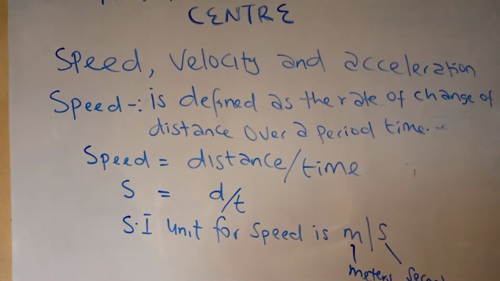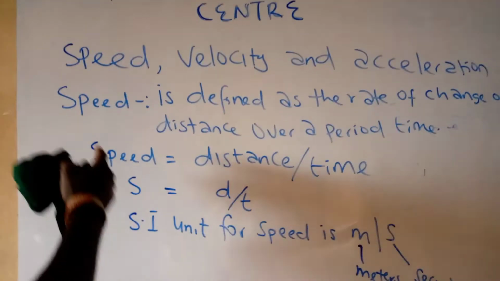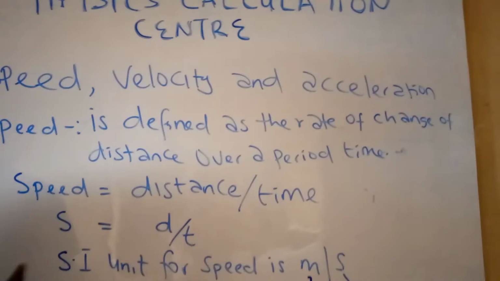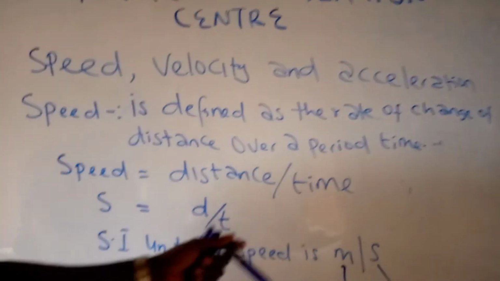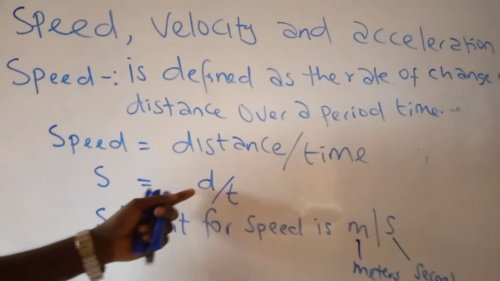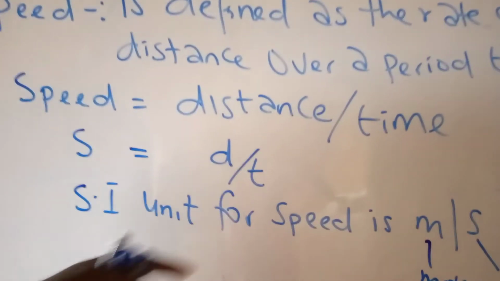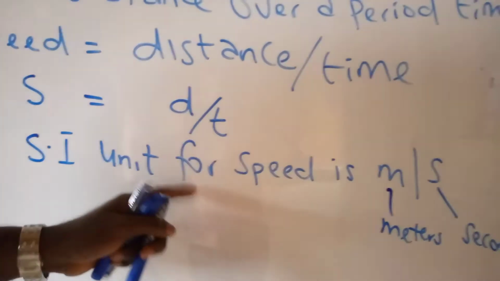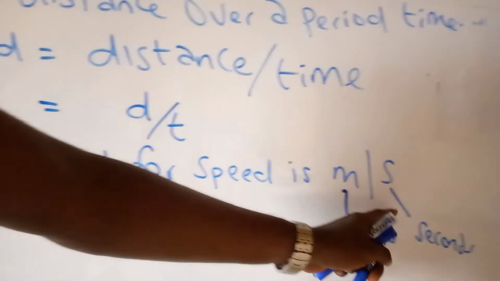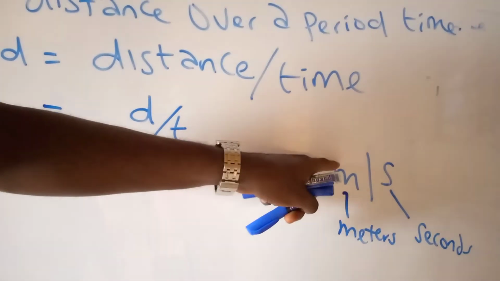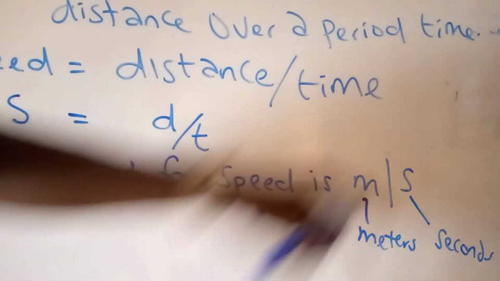I hope we understand. I don't need to stress on that, but we now know this is speed and this is the formula. Look at the formula properly. Speed is distance over time. The SI unit for speed is meter per second. Meters for distance, seconds for time.